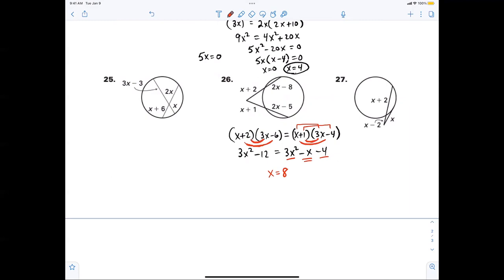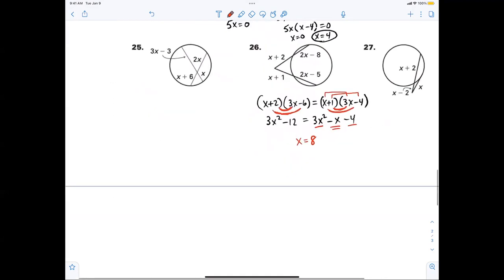Okay, so let's take a look at 25. I like that one. What's 25? 3x minus 3 times x equals 2x times x plus 6.